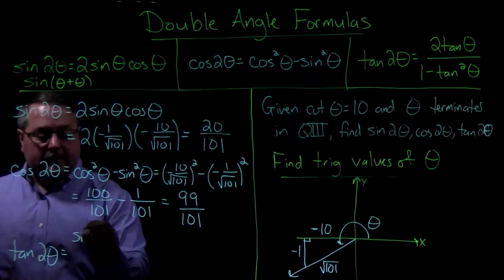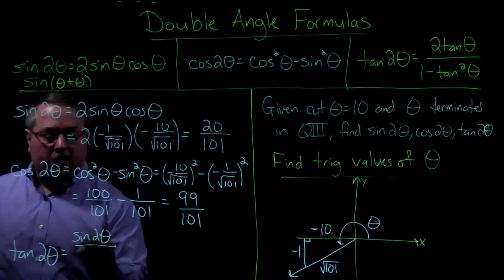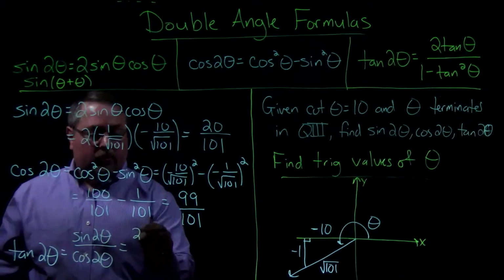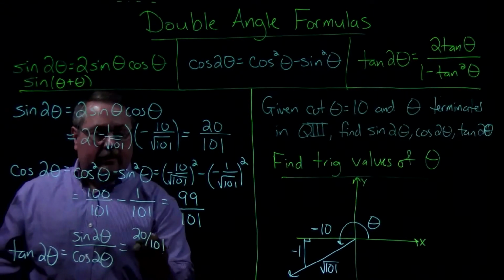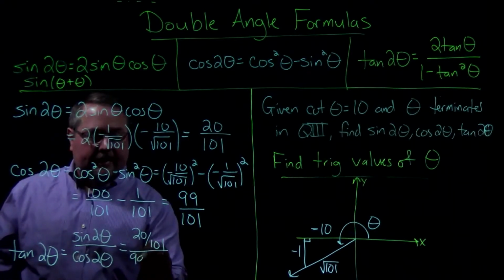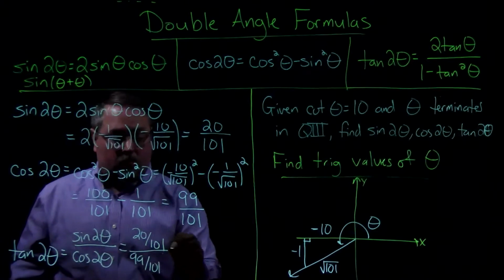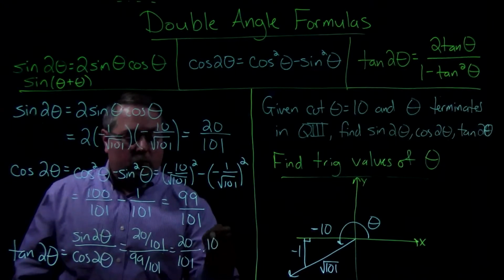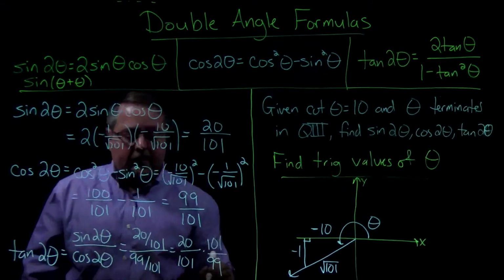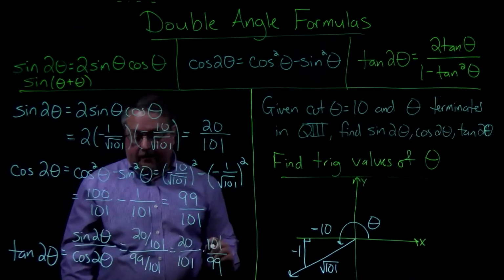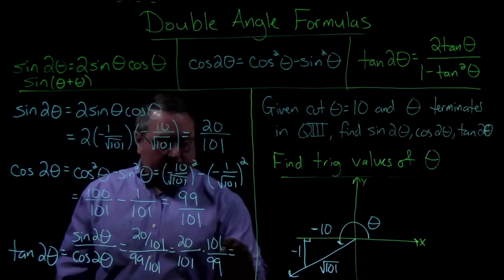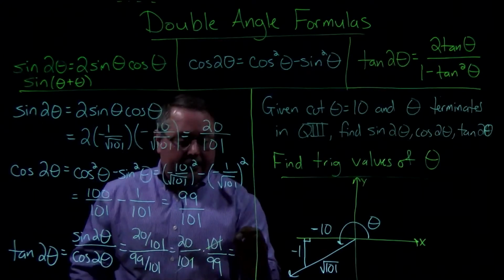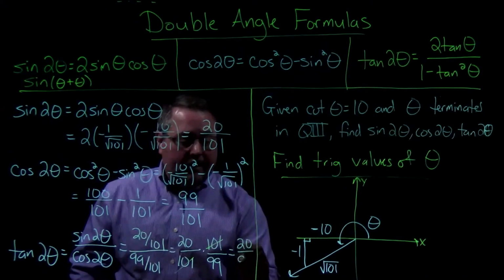That's going to be 20 over 101 divided by 99 over 101, or 20 over 101 times 101 over 99, since dividing is the same as multiplying by the reciprocal. We have a 101 on top and bottom that cancel, and this is going to reduce to 20 over 99.